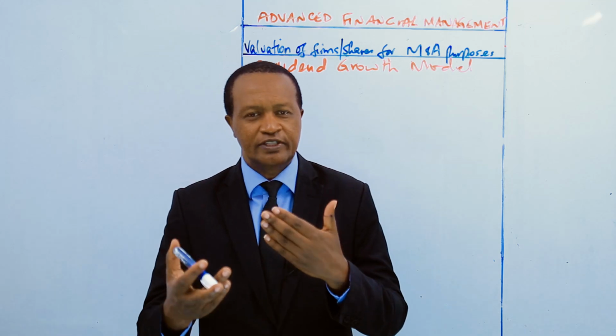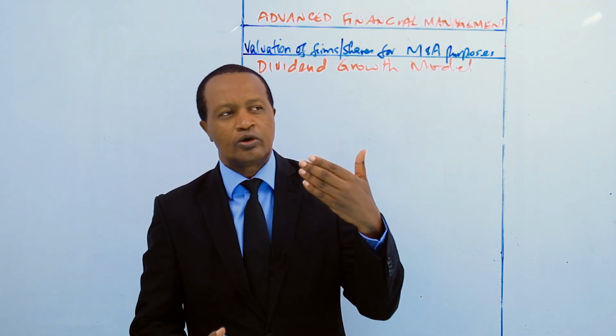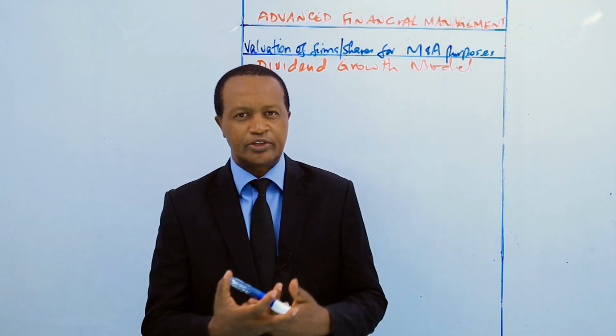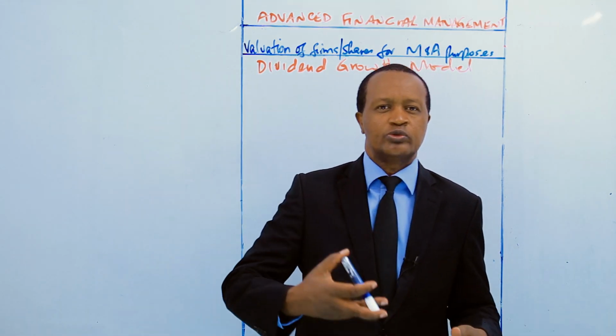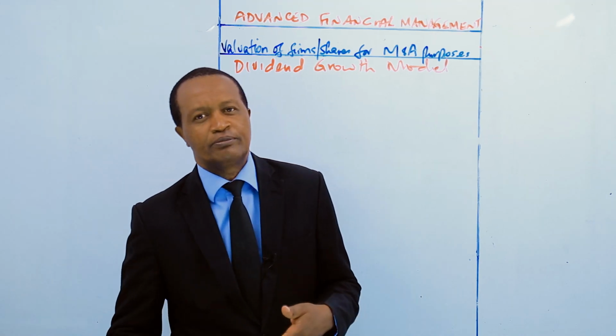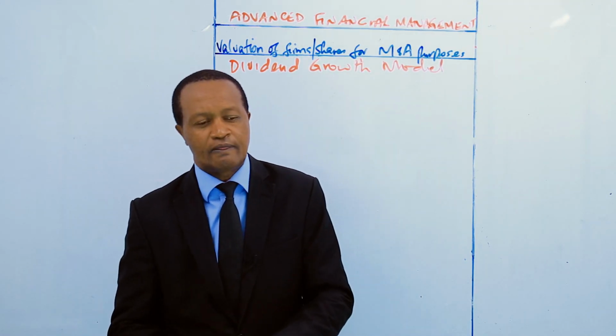The dividend growth model, particularly the Gordon growth model, is a method used in mergers and acquisitions to value a company based on the present value of its expected future dividend payments.